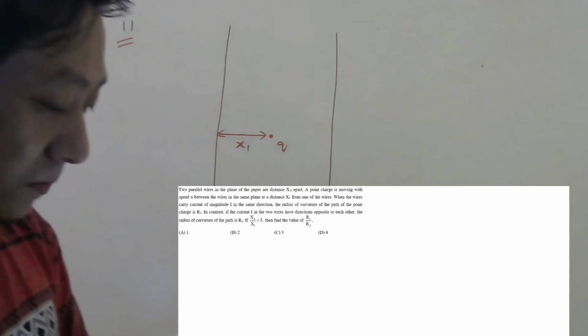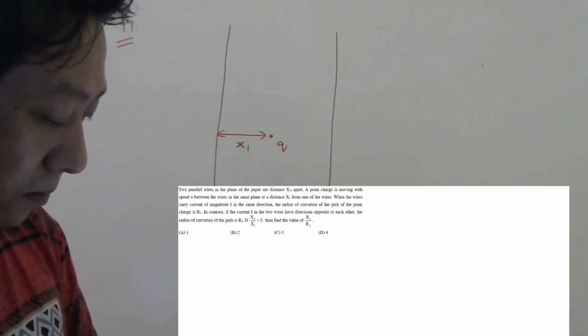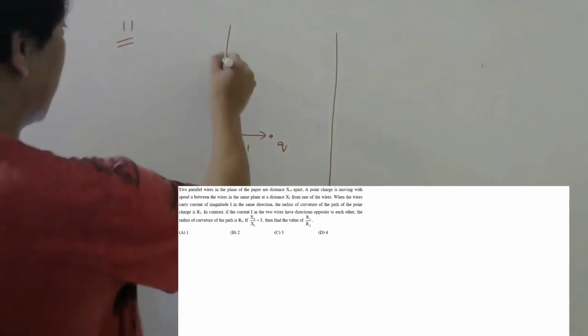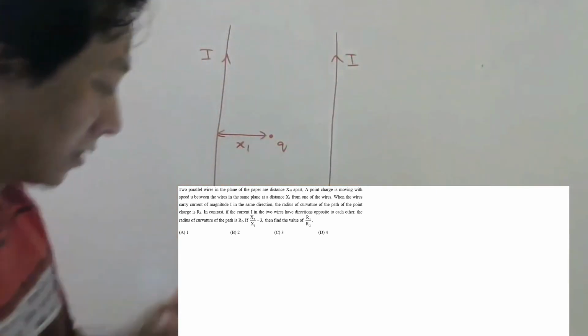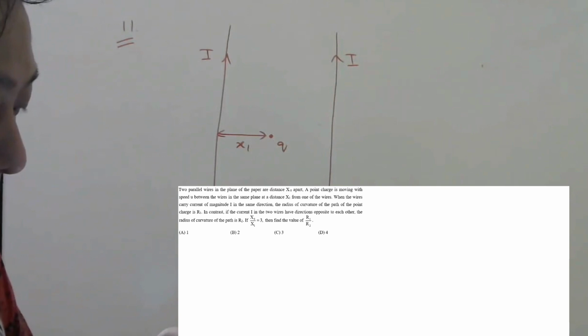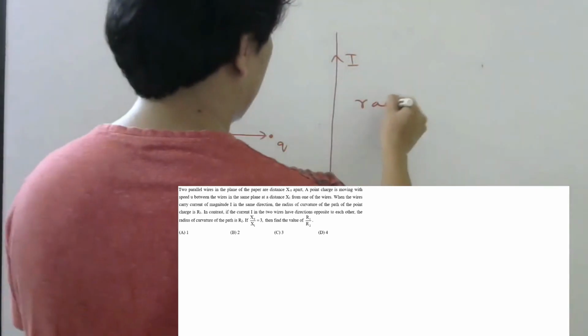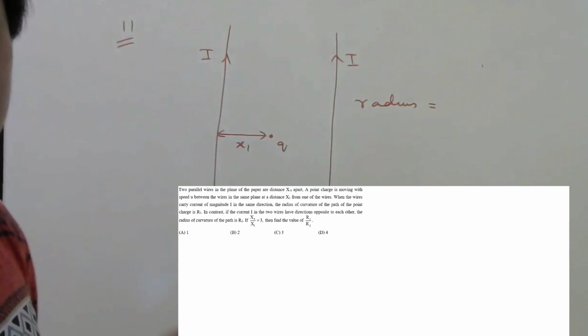So let us continue. When the wires carry current of magnitude I in the same direction, the radius of curvature of the path of the point charge is r1. So this is the radius of curvature, not the radius of the charge.